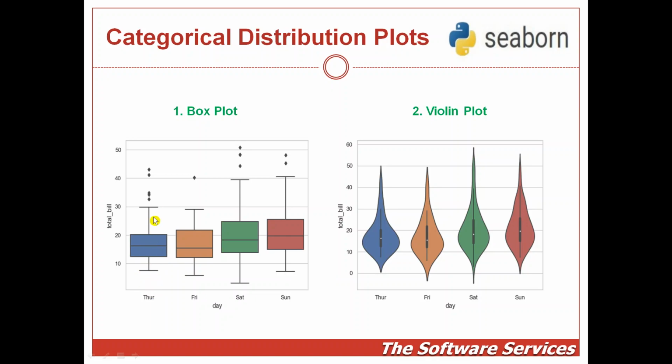So what this means, I will explain. Okay, let us see the day Thursday and the total bill paid on this particular Thursday. So this is the box. Okay, this is the box, this is the minimum value, and this line represents the maximum, not maximum, this is the upper limit, and this is the lower one, and these are called the outliers.